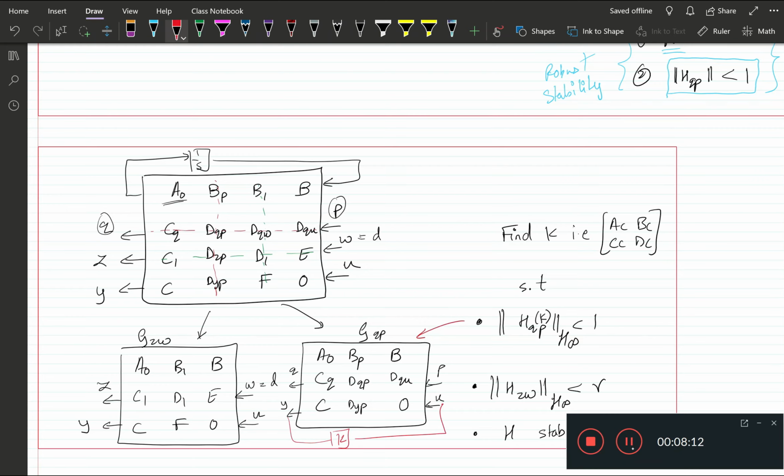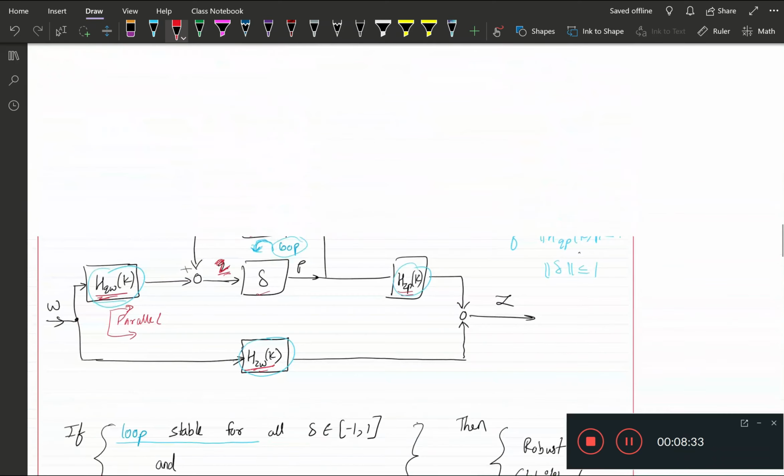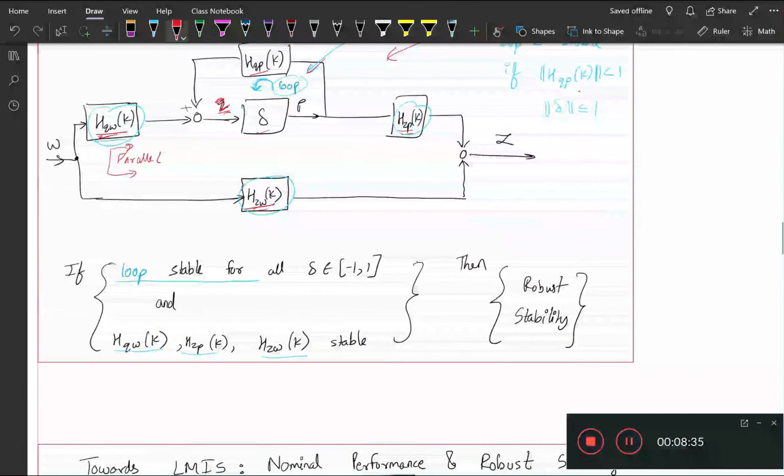So that's HQP of K. So we want to find the controller K, which is basically just the matrices AC, BC, CC and DC, such that the closed loop HQP of K is having an H infinity norm of less than 1. So that would be the condition for the small loop to be stable, this loop, because of the small gain theorem.